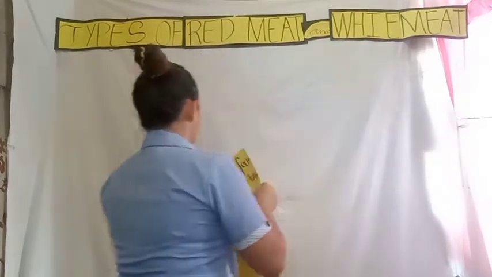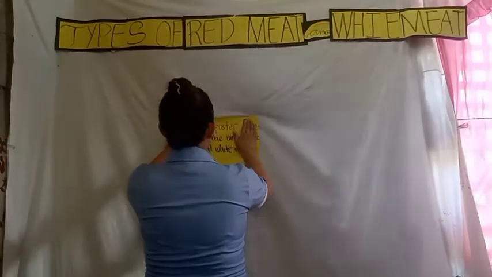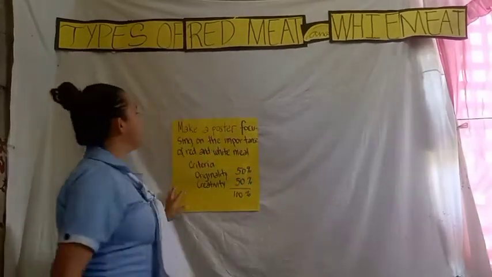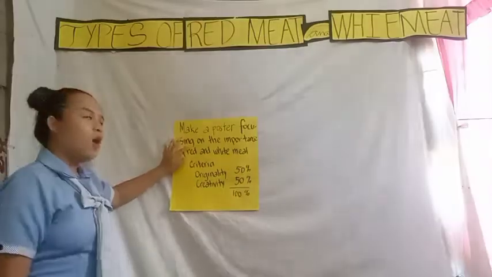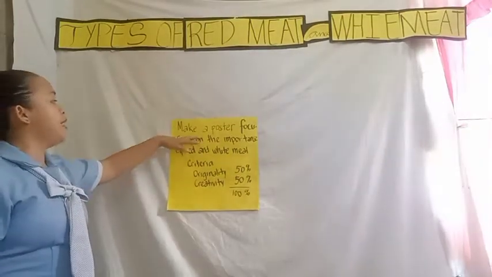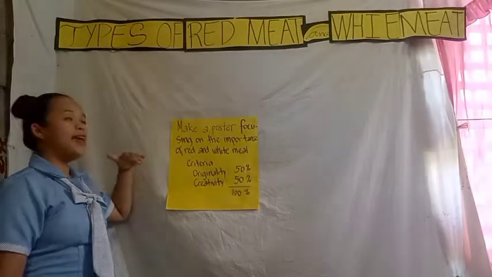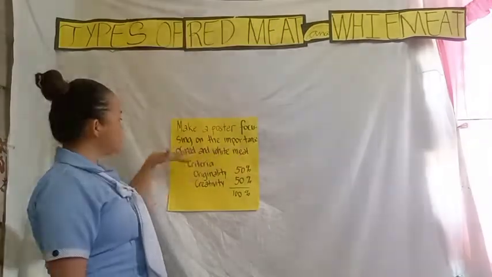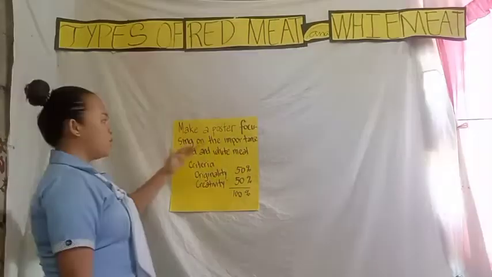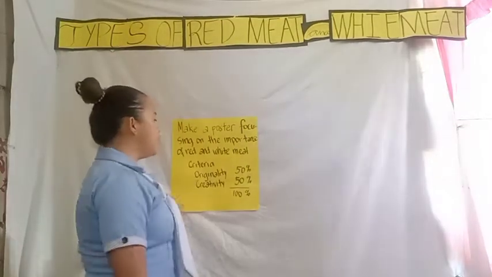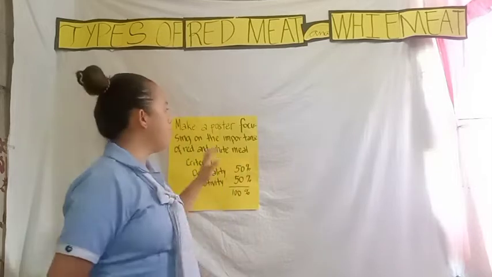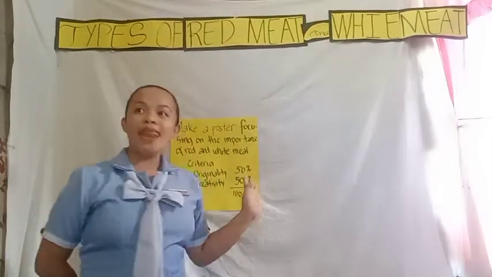So, this is your assignment. Kindly read all together. Make a poster focusing on the importance of red meat and white meat. Very good. So, listen to me, you will put this poster on a half white cartolina.